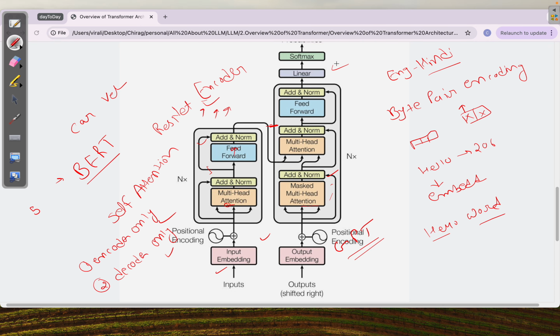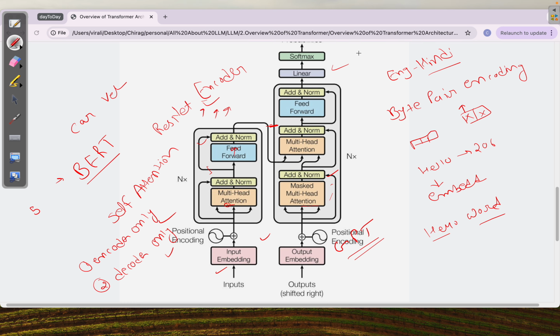So let me explain how the decoder works. The masked attention, add norm, and feed forward are the same as in the encoder, but at the end we have the softmax layer, at the size of the vocabulary, right? So each time it will predict one word.